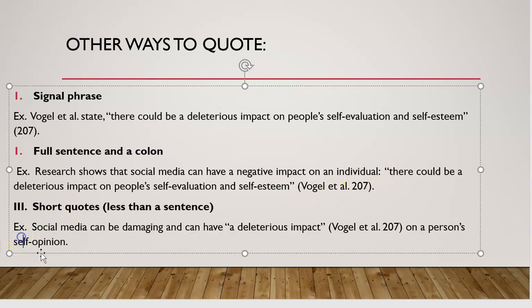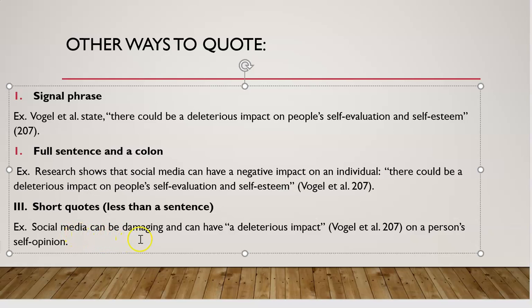And then the third way is when you're using shorter quotes and you just want to blend them into your sentence and include bits and pieces of a quote from the original text, maybe under 4 words or a few words. You can just plug them into your sentence.